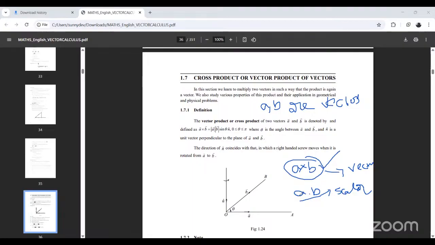Okay, so this is the cross product, the vector product. So how can we find that? I will explain with one example.